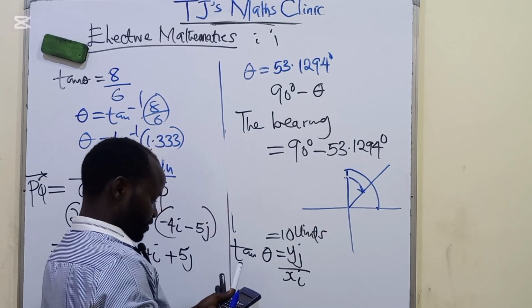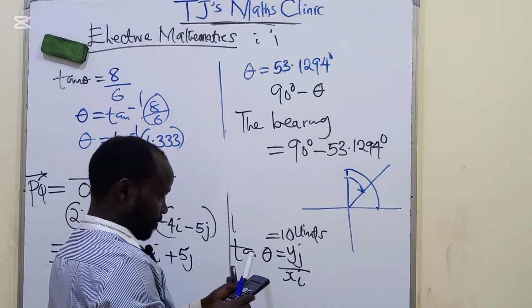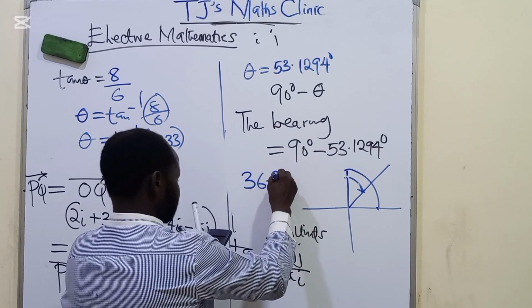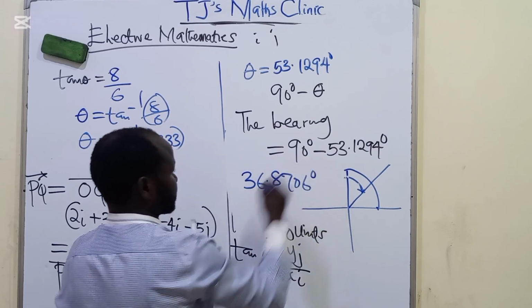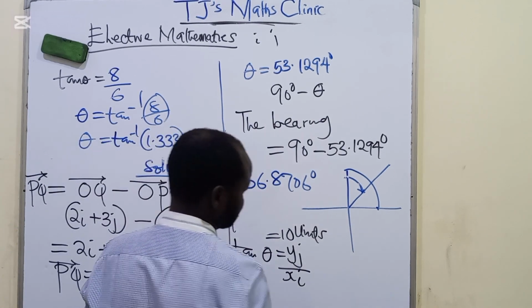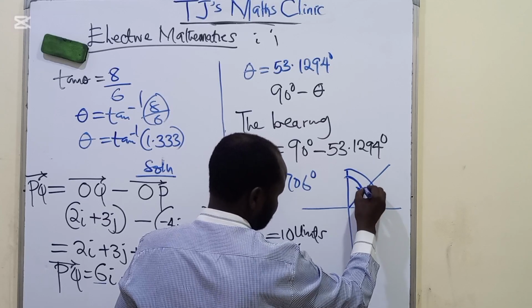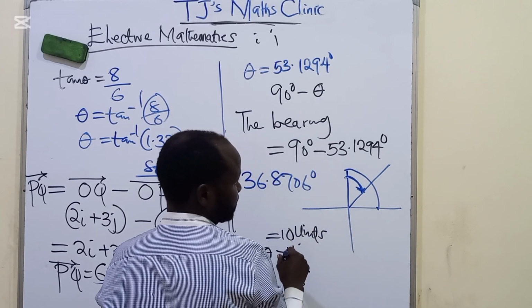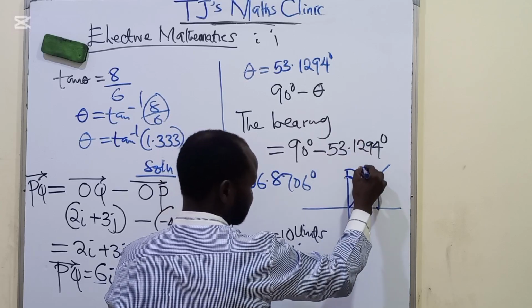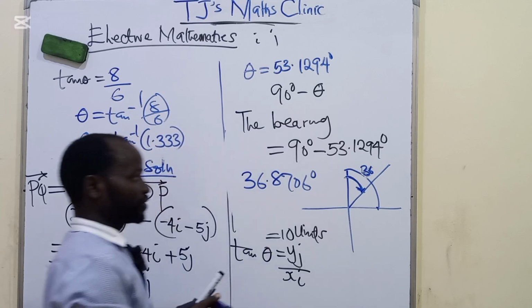So 90 degrees minus 53.1294, that will be 36.870 degrees. So this will be the direction. We're looking at the angle from the north. This angle here is what we're looking for, okay? Which is 90 degrees minus this 53, this is now 36. So this will be the direction from the north.